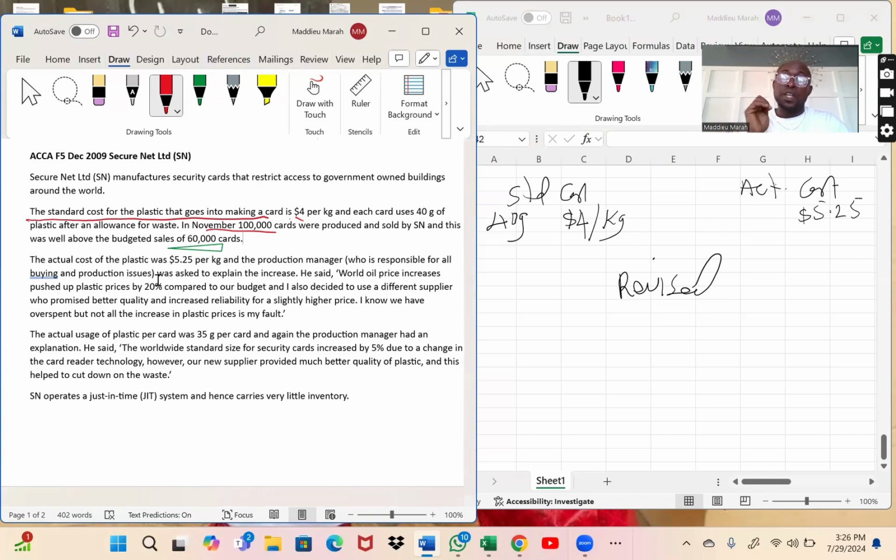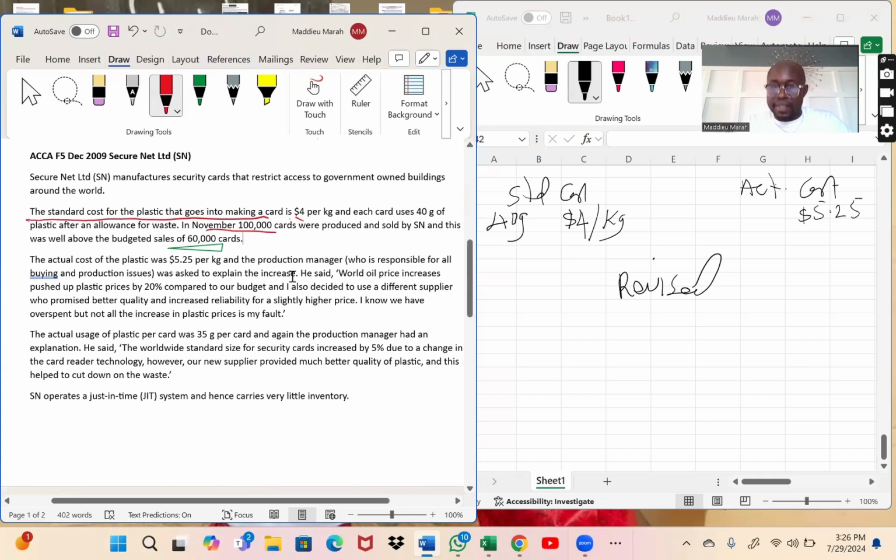Remember, I told you, except we are told that the production manager is responsible for buying. If not responsible for buying, price variances will not be attributable to the production manager. It's the responsibility of the purchasing manager. But in this question, the production manager is held responsible, because we are told who is responsible for all buying and production issues. He was asked to explain the increase.